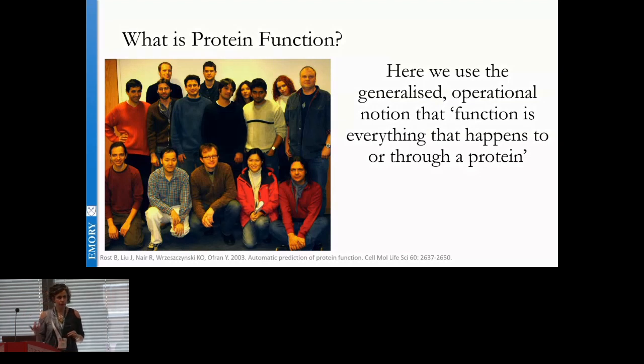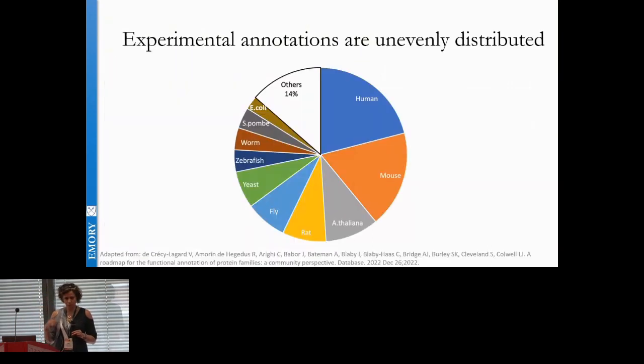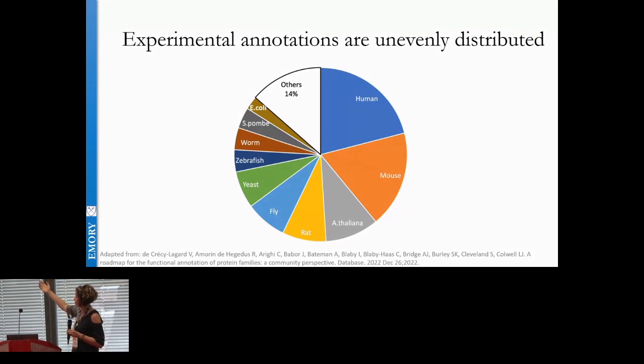So why is function prediction so difficult? One of the reasons is this. I took this data from a paper on the roadmap of function prediction. This is from a meeting that happened last year about trying to figure out what we need to do about function prediction. This is a figure representation of the numbers of GO annotations that we have for every particular organism, right? So for example, the human takes up 20% of that chart. So 20% of GO annotations are human annotations, right?